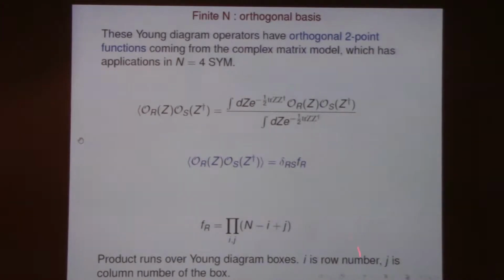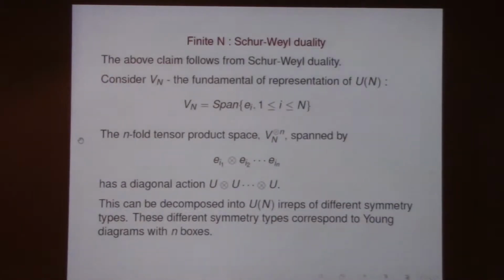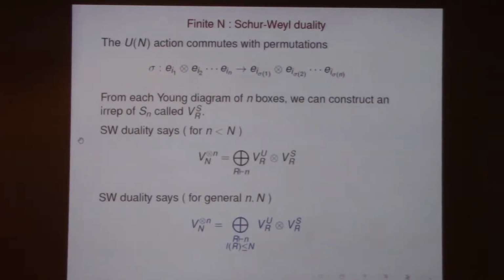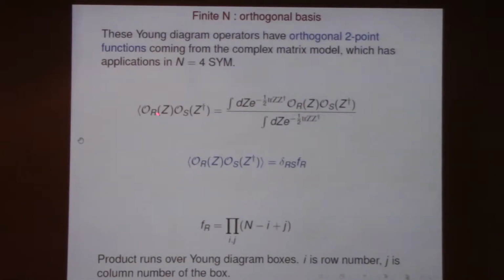Good. Now, you have the basis of, I mentioned, finite n operators. Basically, finite n operators are the Schur polynomial operators, which are labeled by Young diagrams. But what is nice about them is that if you compute the two-point function in the free theory, which is also equal to the computation in a matrix model, that two-point function is diagonal.